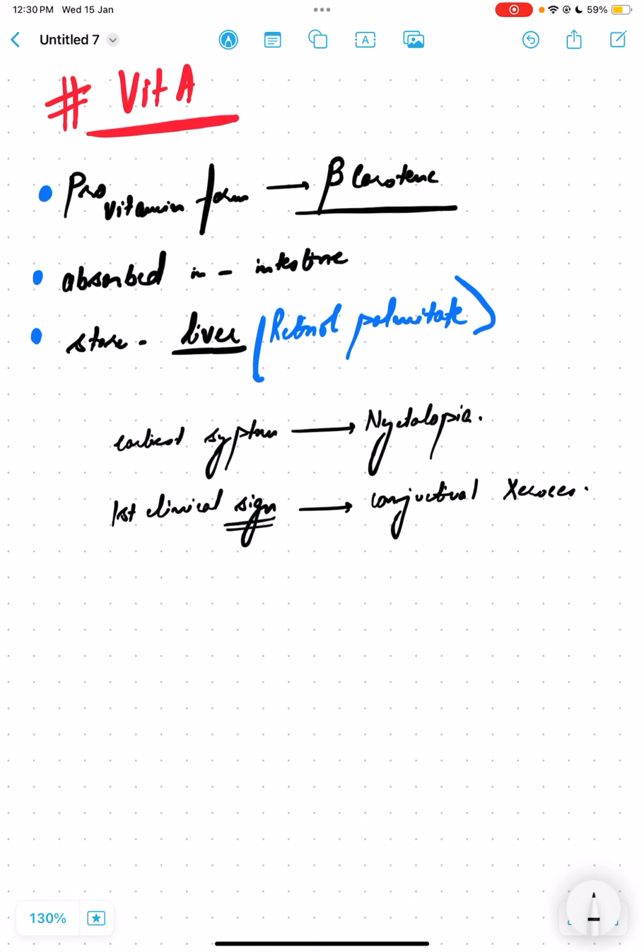When there is a severe vitamin A deficiency, then there will be xerophthalmia along with triangular areas that are called Bitot spots.